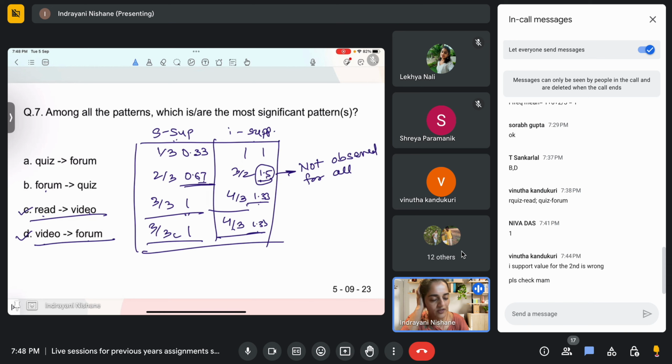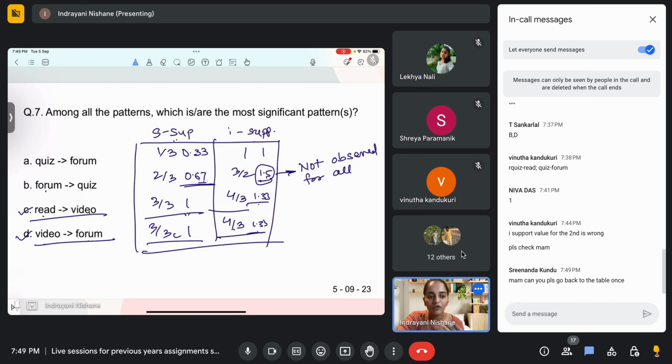Forum to quiz is not observed for all students, whereas read to video and video to forum are observed for all the students. These actions are observed for all the students, and many times: 4 times and for all 3 students.